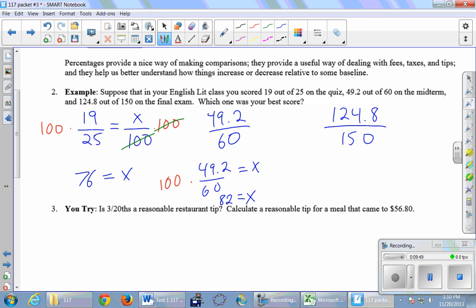So the last one, 124.8 over 150, just multiply that by 100, 83.2%. Which one's the best? That one. Okay, it's easy to tell because we've got the same baseline, that same 100 as the denominator.